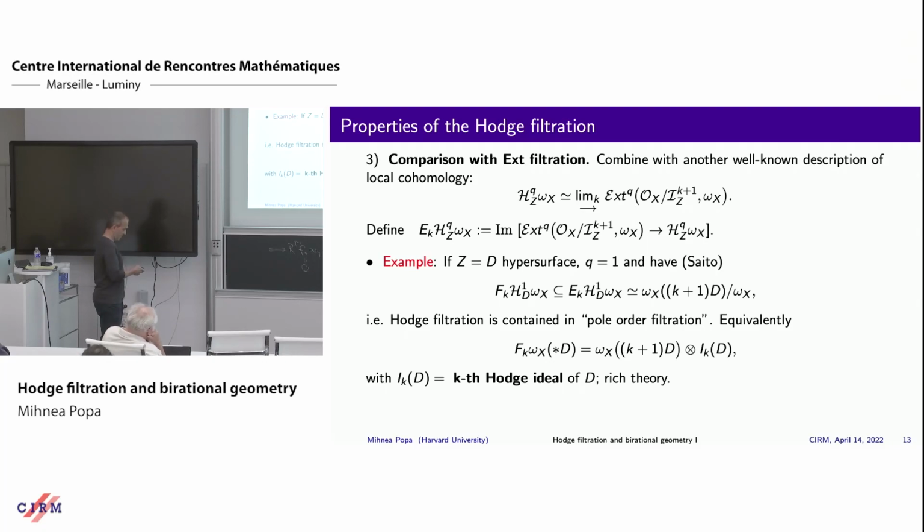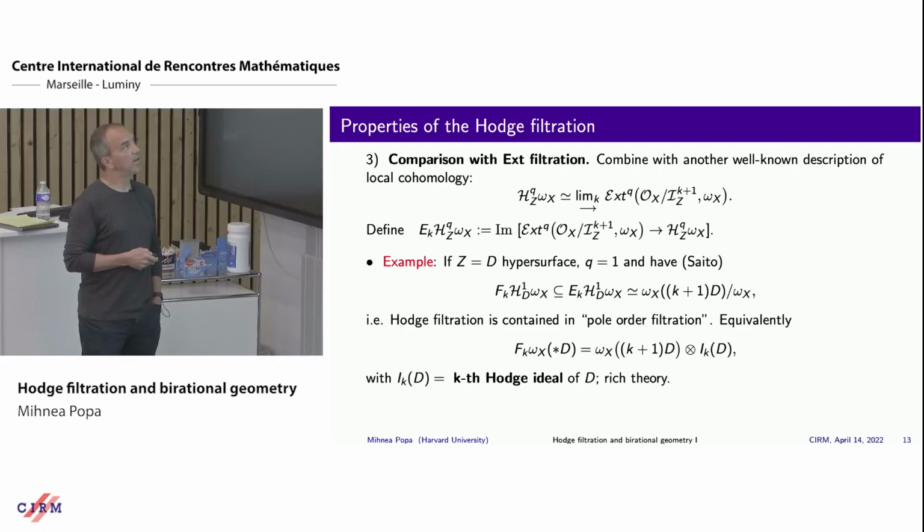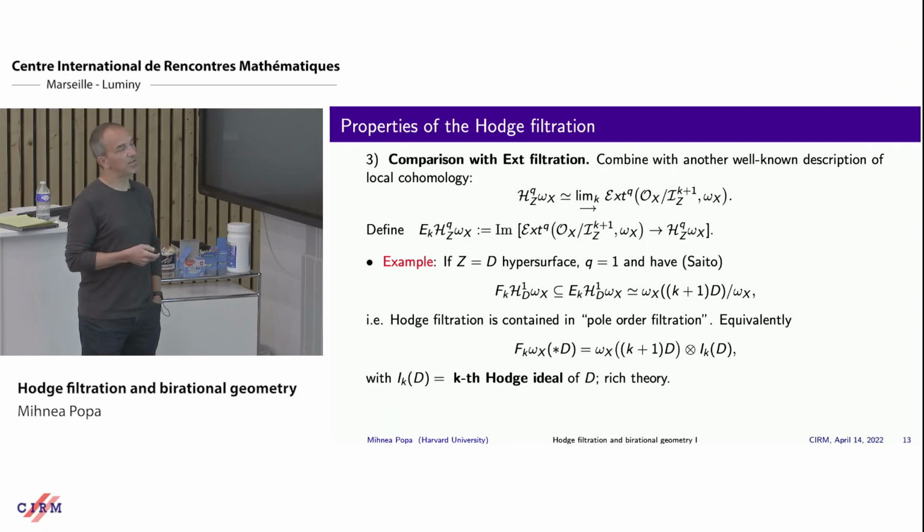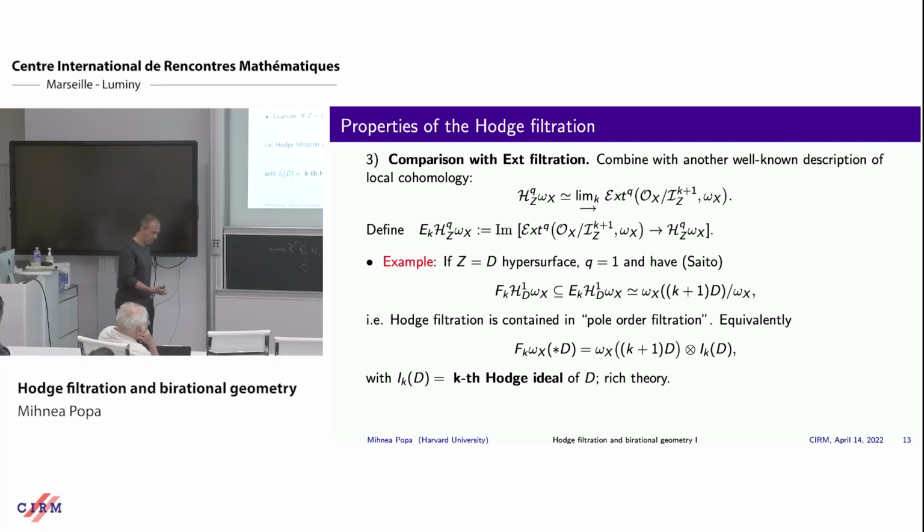So let's see what happens in general. Maybe before that, I should say, inspired by this, what we should aim for is to compare the Hodge filtration with this E filtration, the Ext filtration. The difference between the two are these Hodge ideals, and they're the ones that can be used nicely and encode exactly what happens with the singularities of D and so on.